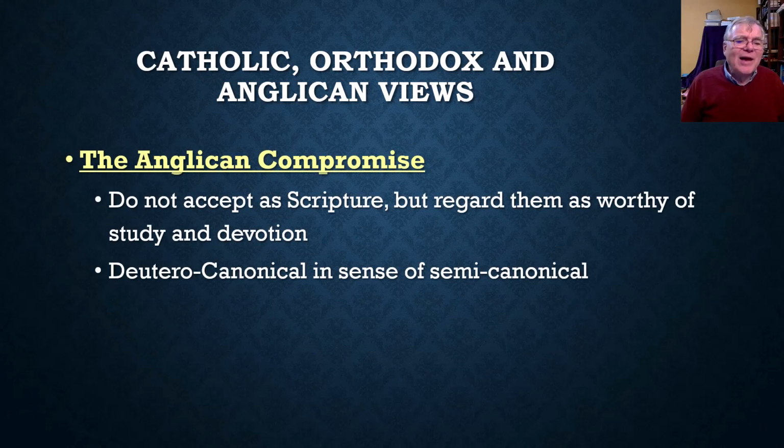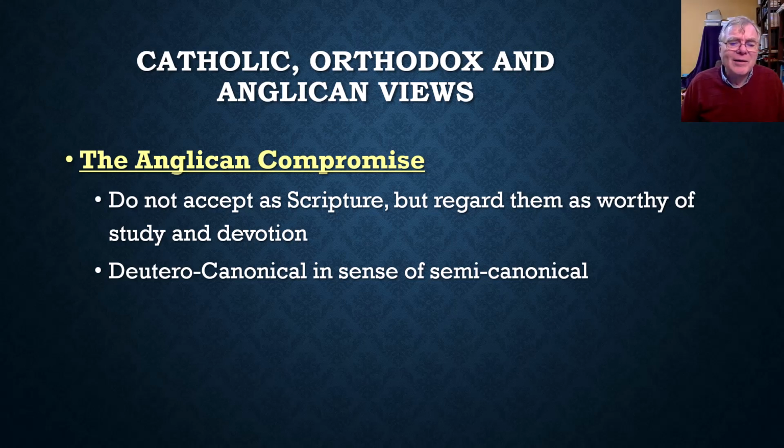Now, the Anglicans actually compromised on this point of view. The Anglican Church did not accept as scripture the deuterocanonical books, but regarded them as worthy of study and devotion.